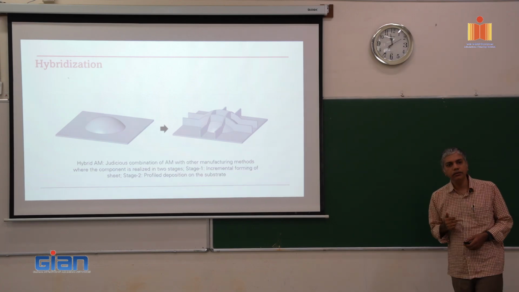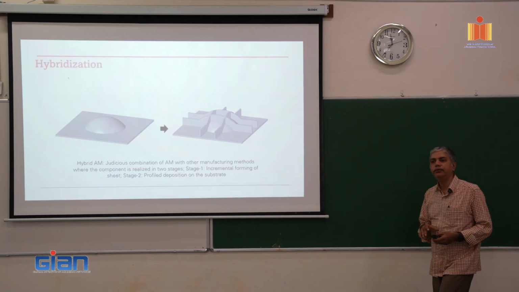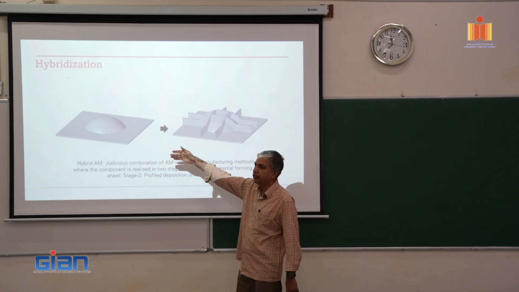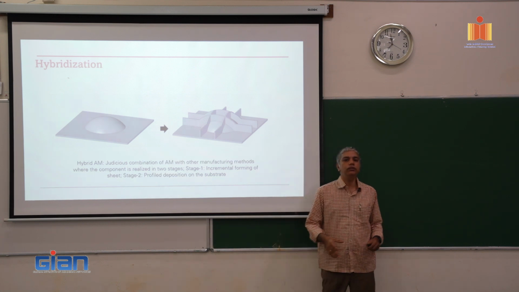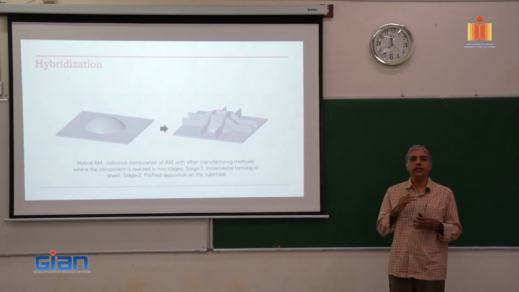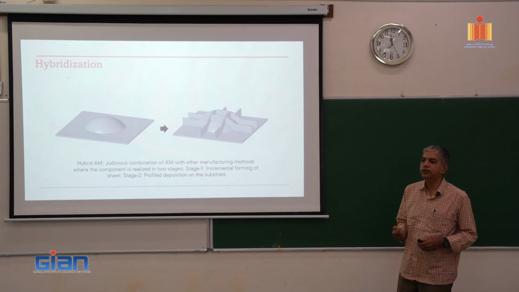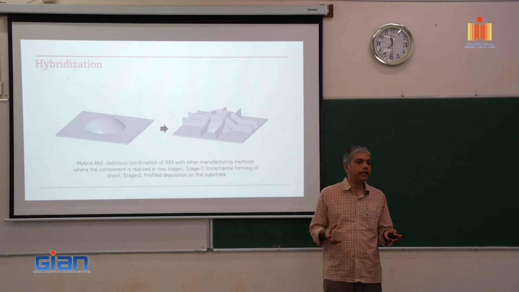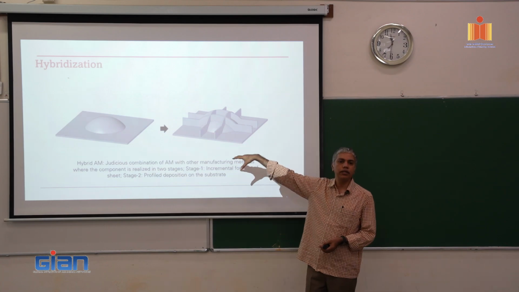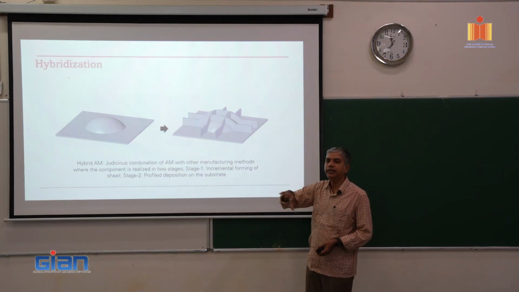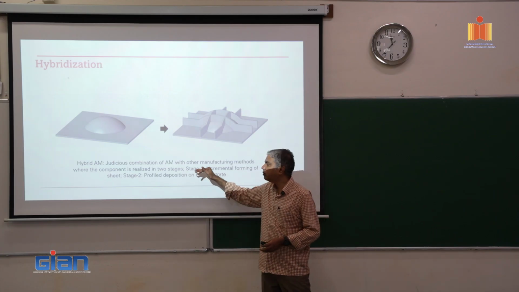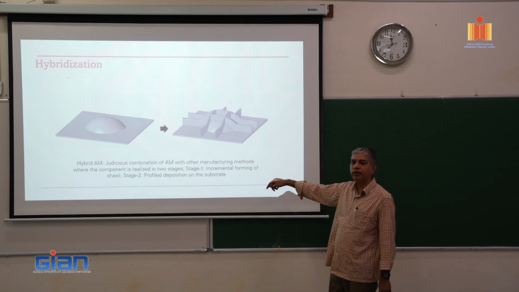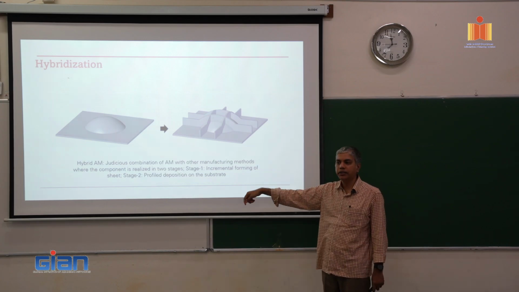So the question is, can you use other applications, for example deformation processes? Instead of using a flat substrate, can I use a deformed substrate, a formed substrate, and then do deposition on top of it? What I am doing here is mixing judiciously two processes: one is additive manufacturing, the other is deformation processes.